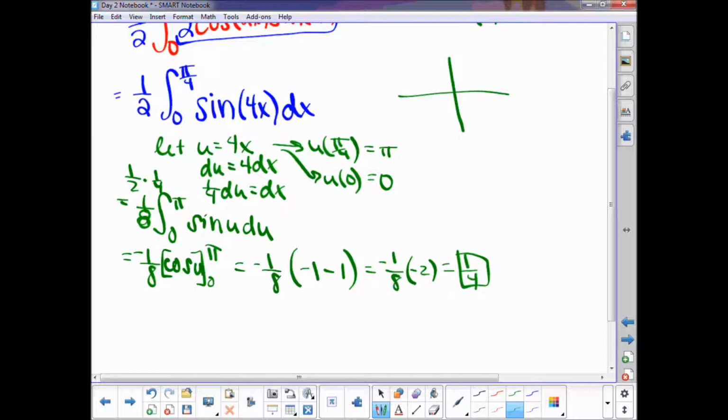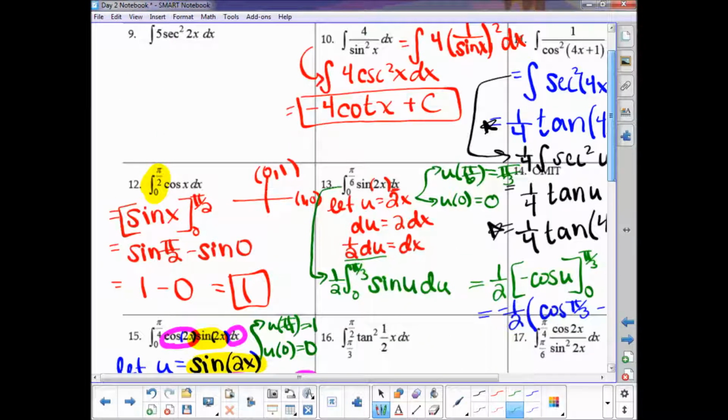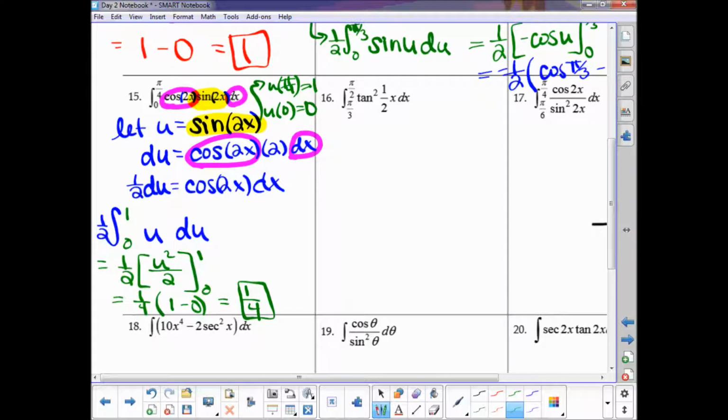Let's take a look at 16. Alright, so number 16, we have tangent squared of 1/2 x dx from pi over 3 to pi over 2.